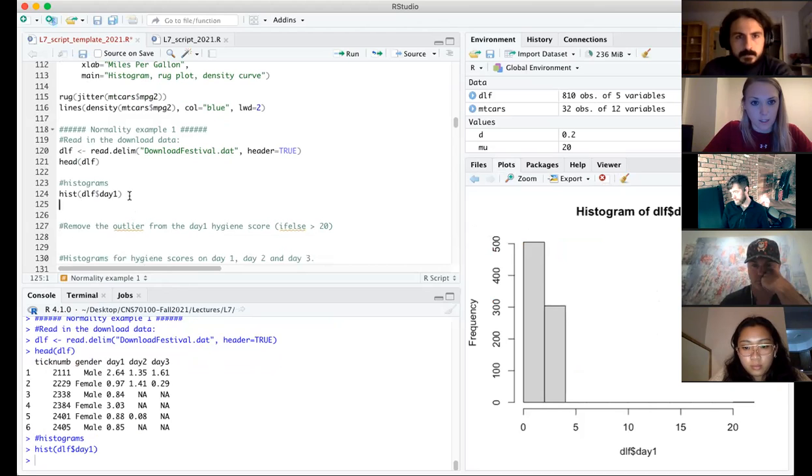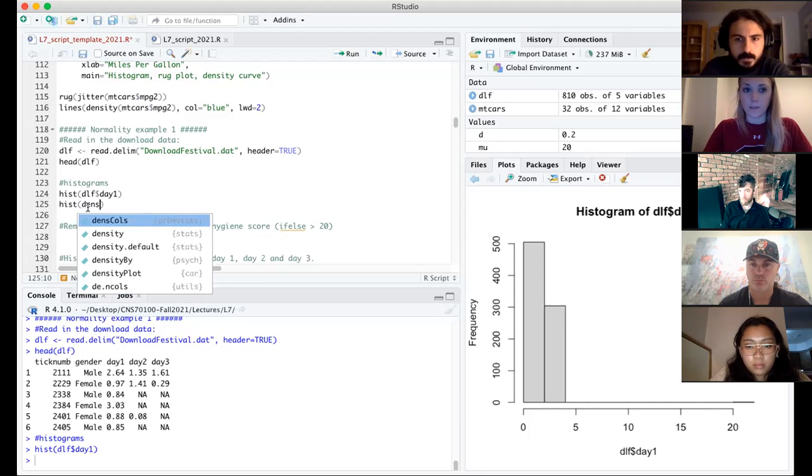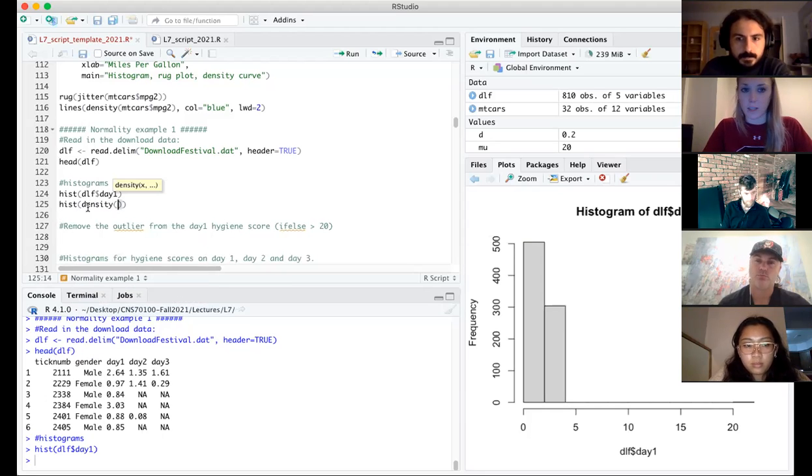You can see there's an outlier. Does everyone see that? Sorry, I'm still a little delayed. Okay, got it? Is anyone else having issues getting the data read in or anything?